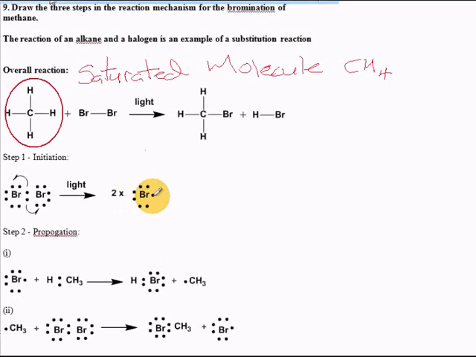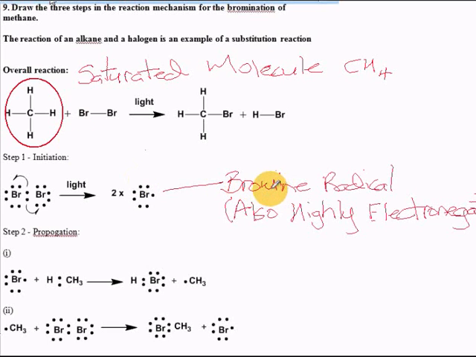Each bromine has a bond pair, a lone pair, a lone pair, and a lone pair of electrons, but this one then is an electron on its own. It's not a lone pair because it's just a single electron by itself.